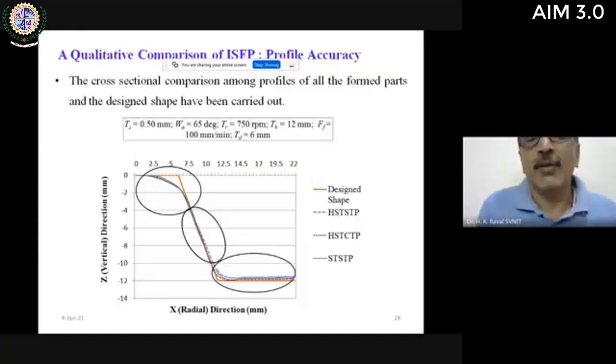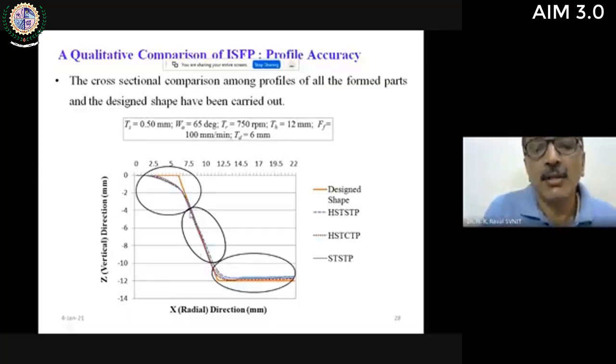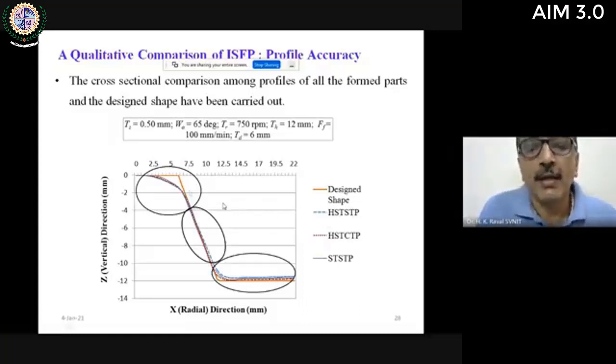Regarding profile accuracy, we could get the variations in profile at 2 different places. This was already discussed earlier, but I would like to project it again. The orange color is the target geometry or design geometry, and this is the formed geometry. If you see the formed geometry, the lines shown with different colors, you will find that at the wall it is almost on the target geometry, but it deviates much as you move towards the edge of the die or the blank holder edge, and below you will find these variations.